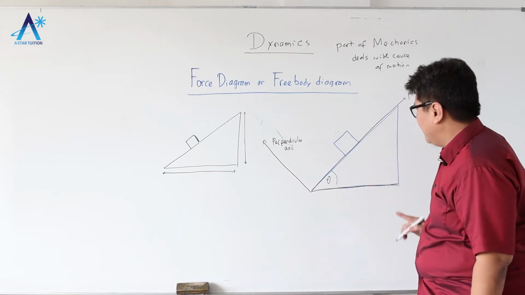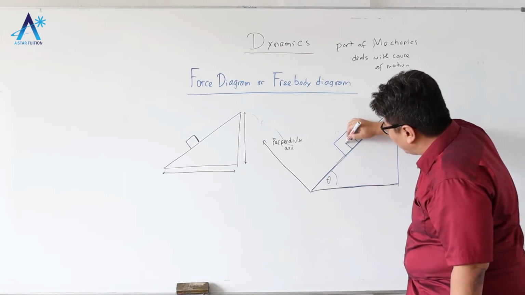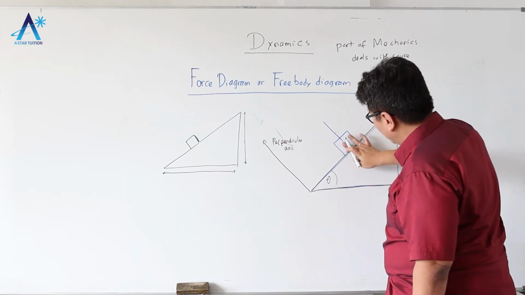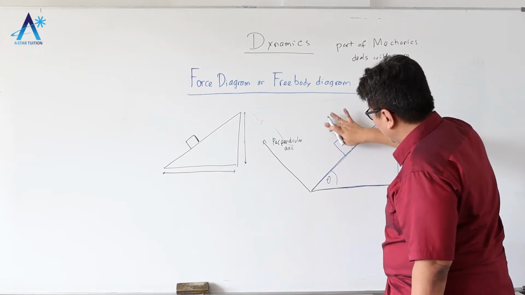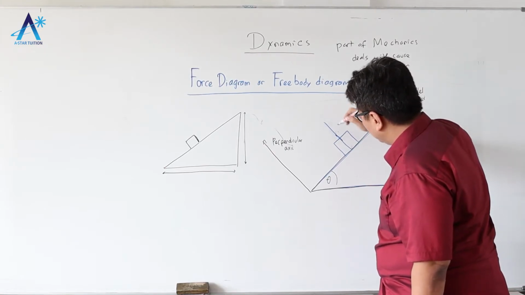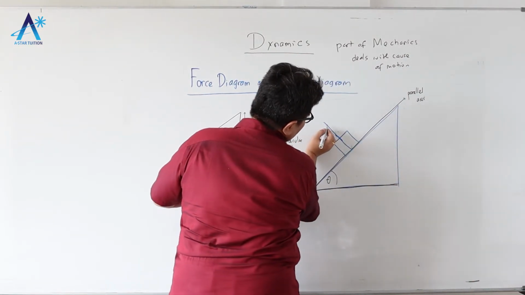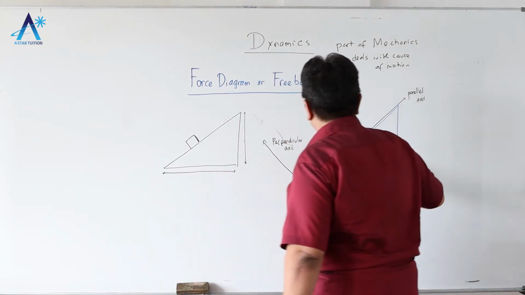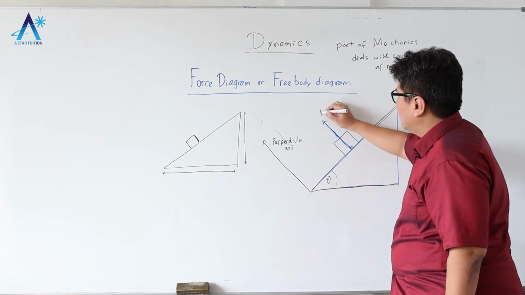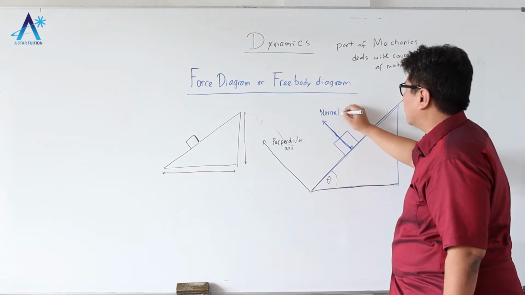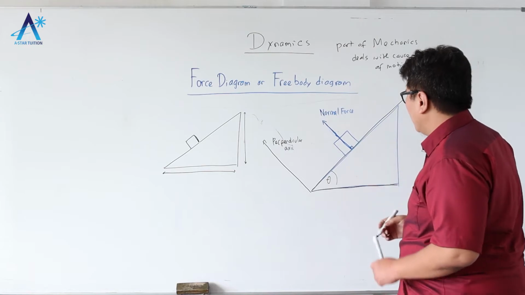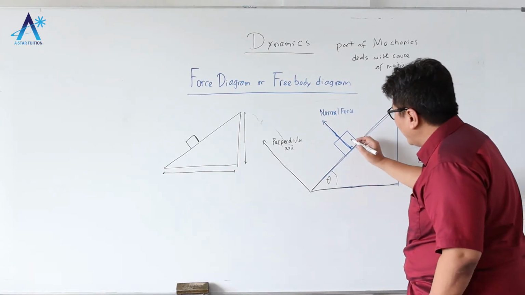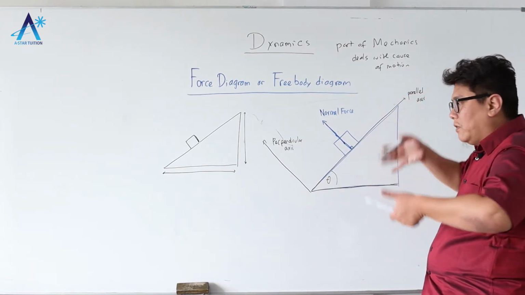So in this case, there is a normal force. Remember, the normal force needs to be perpendicular to the surface. This is the normal force. And there's also the weight, which is always vertically downward.